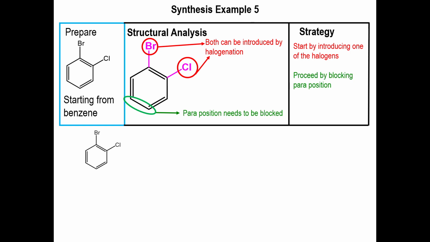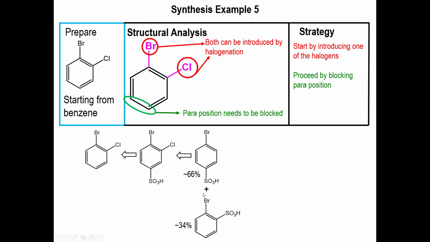So one way that you could do this is to start by having the bromo para substitution blocked with sulfonic acid, and that happens before you chlorinate. So you will first sulfonate your bromobenzene. You then will undergo a chlorination to get the chloro ortho to the bromo substituent.